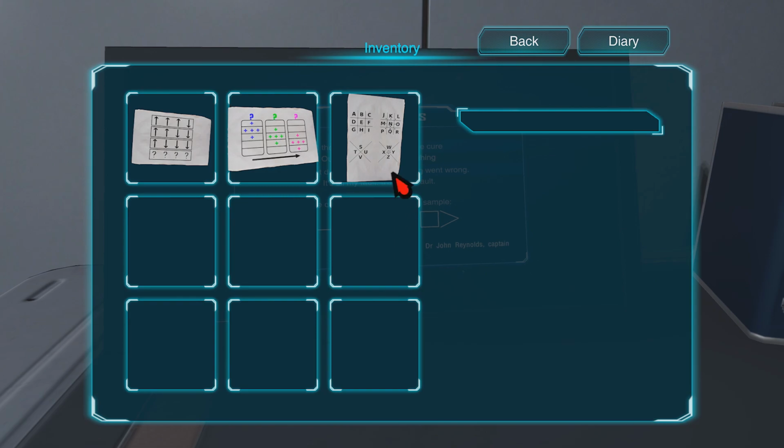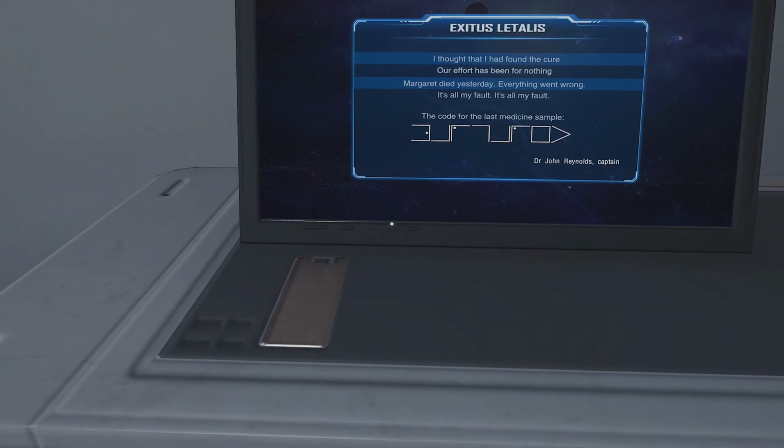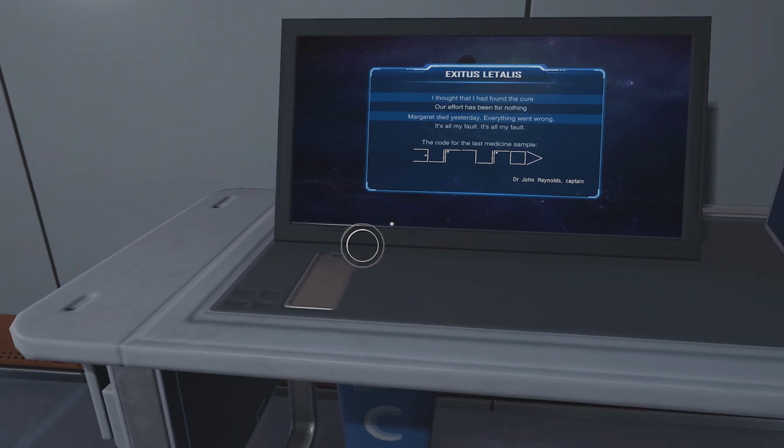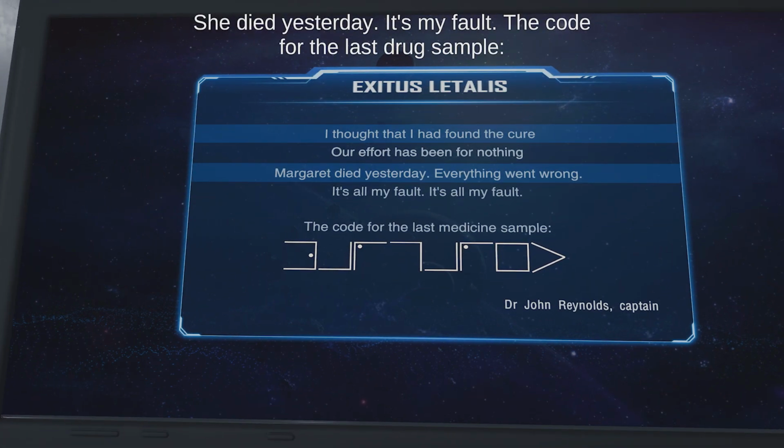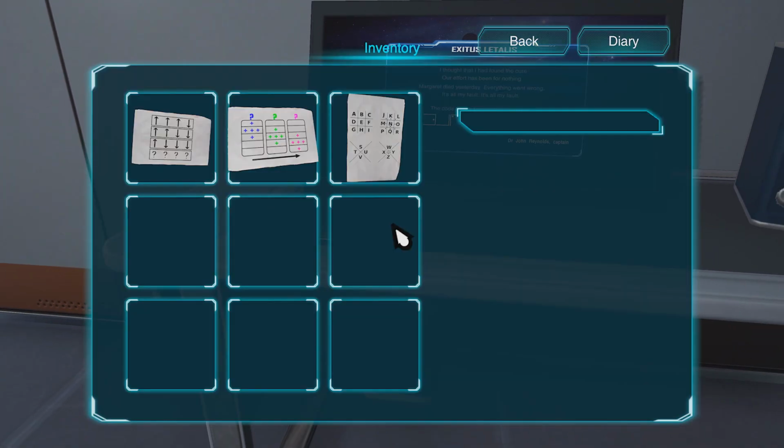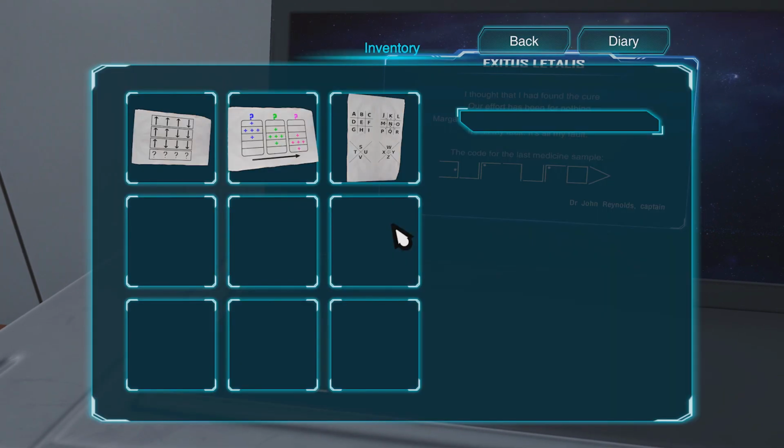Oh, I have that. Is. But there's no way for me to look at both of these, is there? Okay, well, let's see. We got a little.